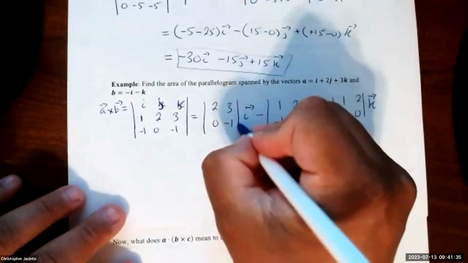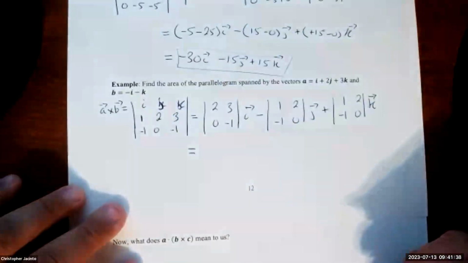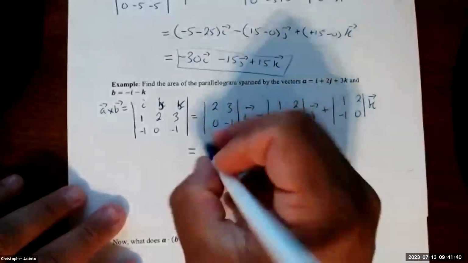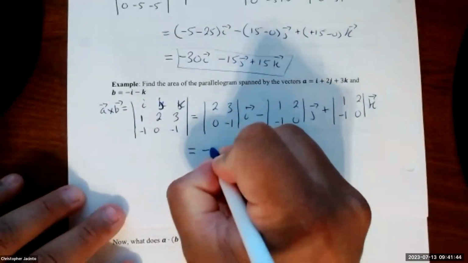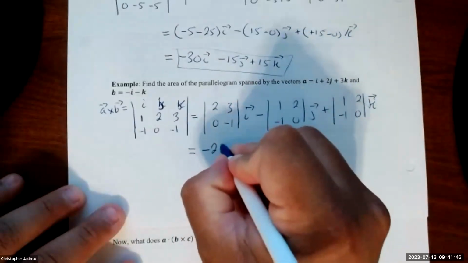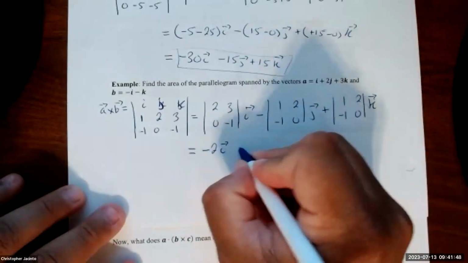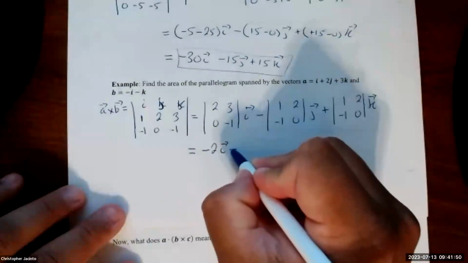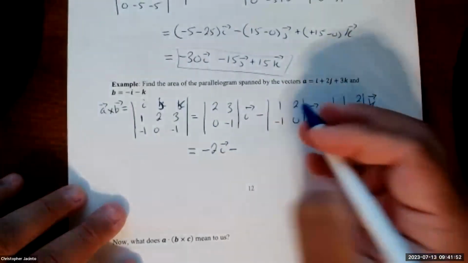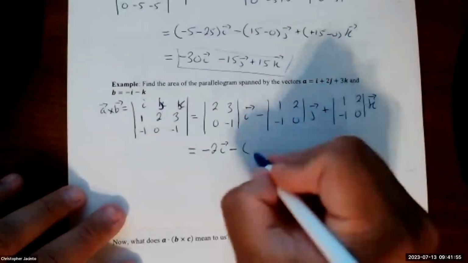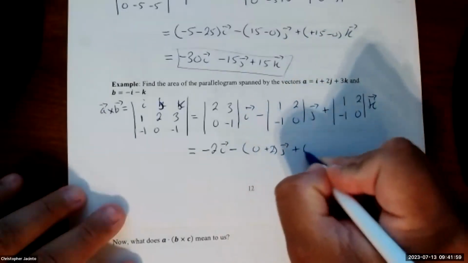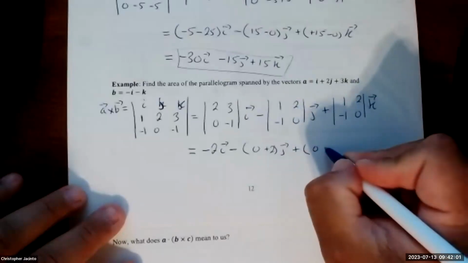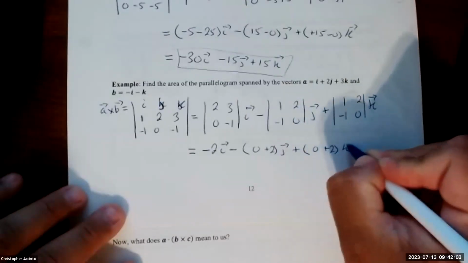So it gives us that first. So find our vector that's perpendicular. So we get 2 times -1 is -2, and that's going to be 0. So I'll just do this: 0 plus 2J, and we get 0 plus 2K.